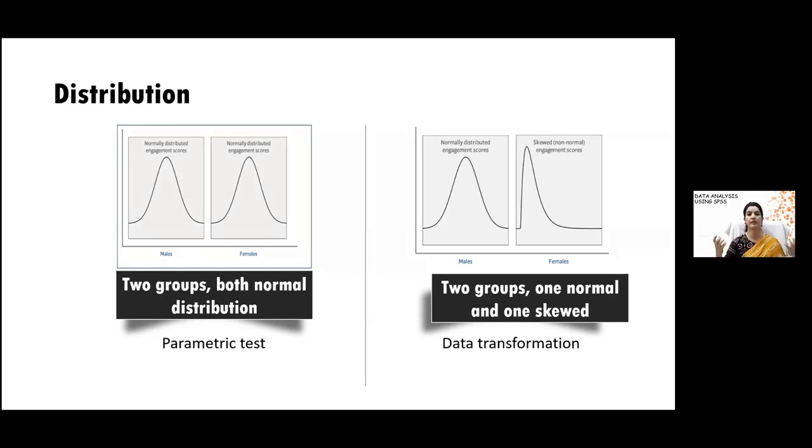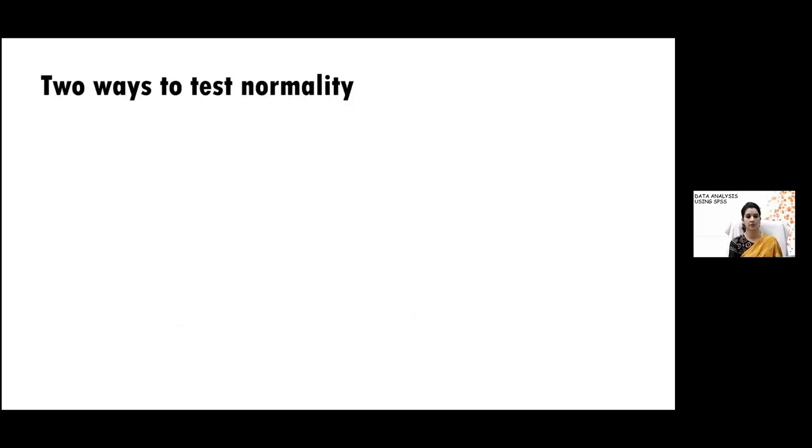Any variable, any mean, if we compare it across two groups, then we apply the independent sample t-test. In that case, if one group follows a normal distribution and the other group follows a non-normal distribution, then we apply a non-parametric test. So to apply a parametric test, both groups should follow the normal distribution.